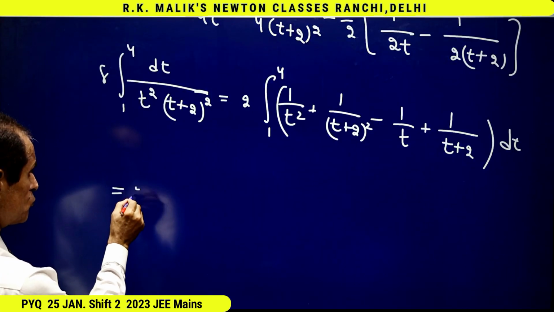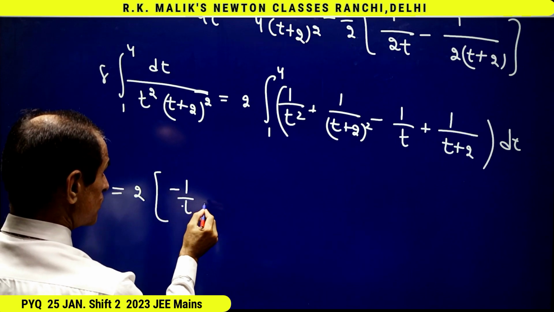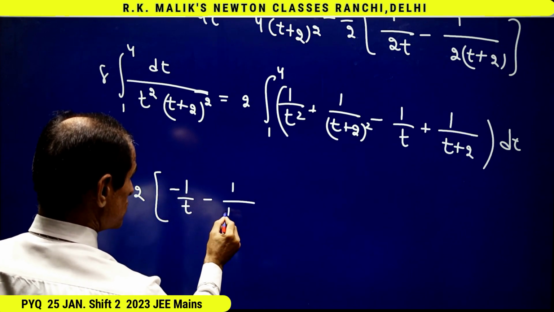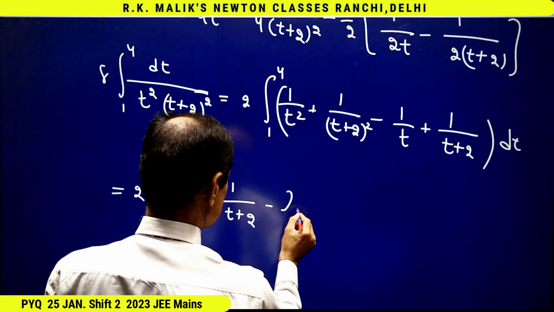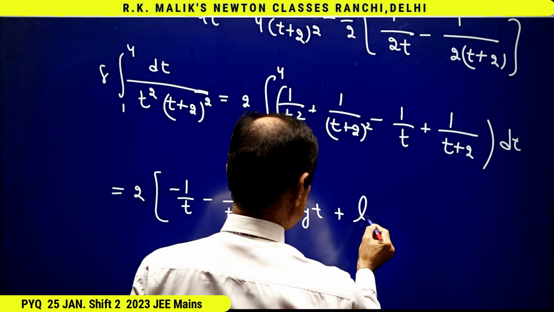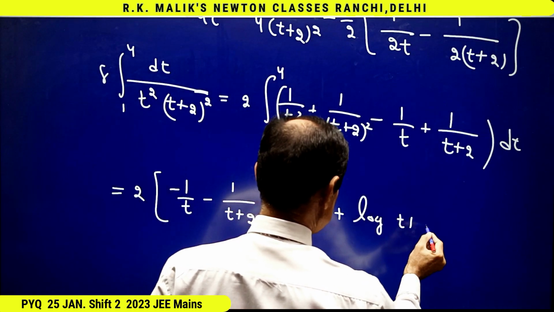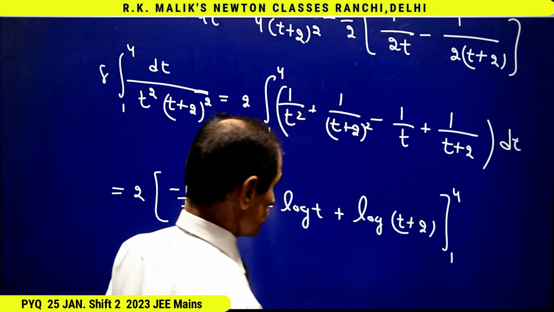This is equal to 2 times [−1/t − 1/(t + 2) − log t + log (t + 2)] from 1 to 4.